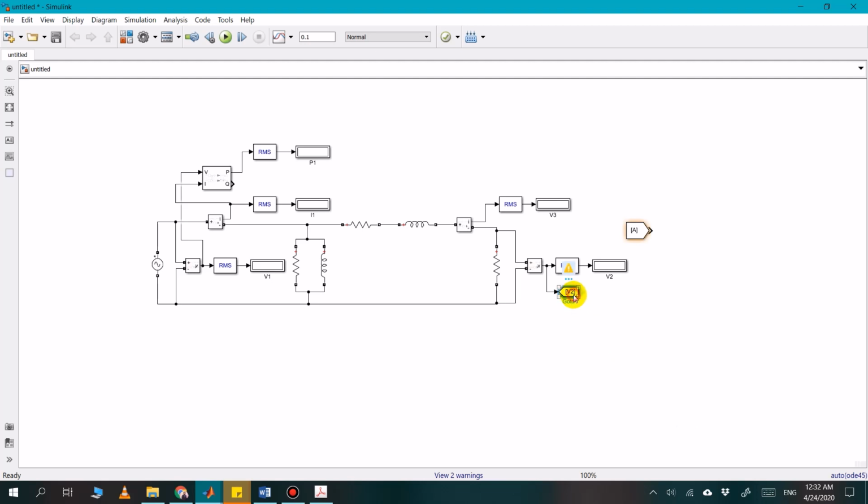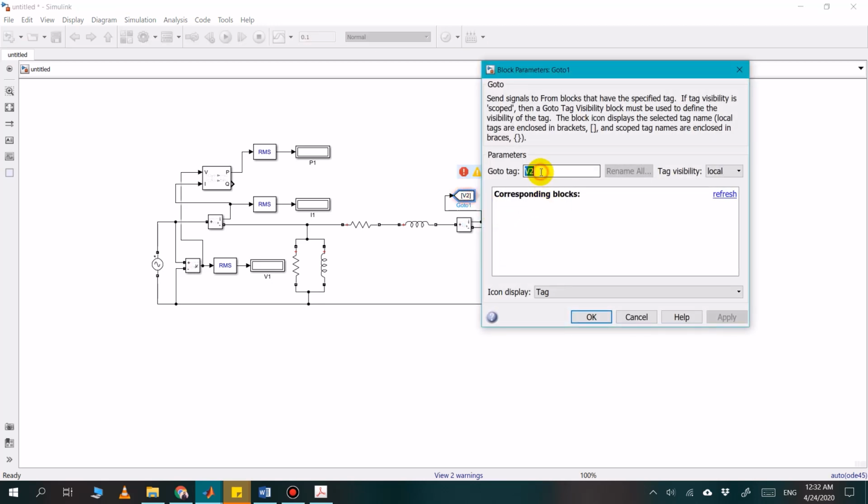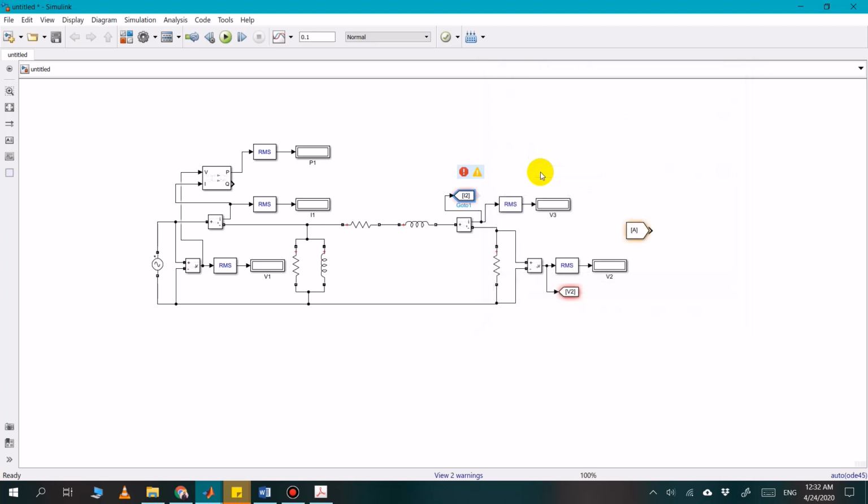Okay, and this is secondary current I2. Okay.